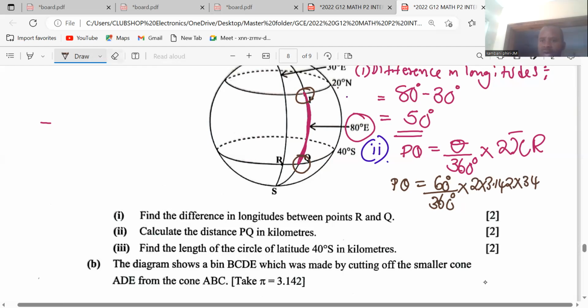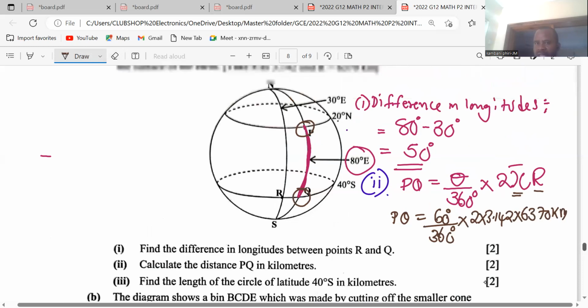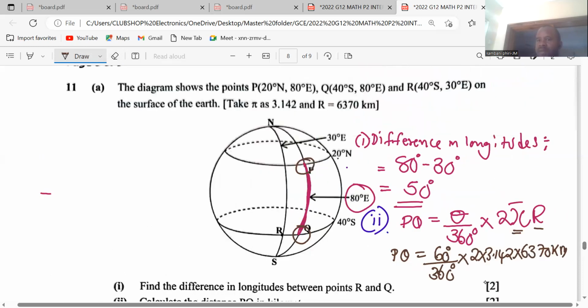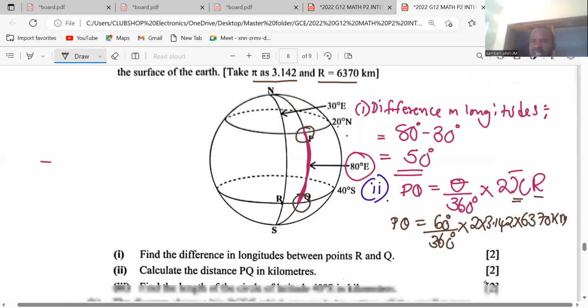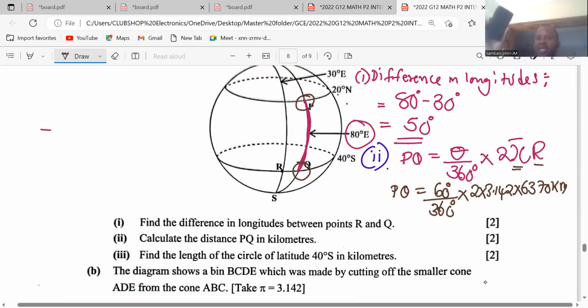This is not nautical miles, but kilometers. Where are we getting this pi and the radius? It is from the question; we have been told to use this. The next thing you need is to get your calculator and work it out.